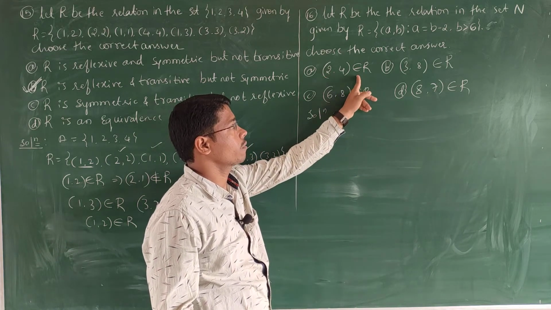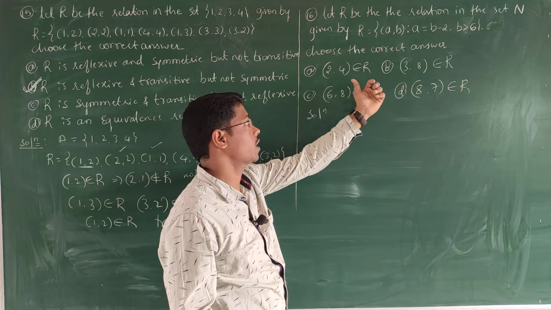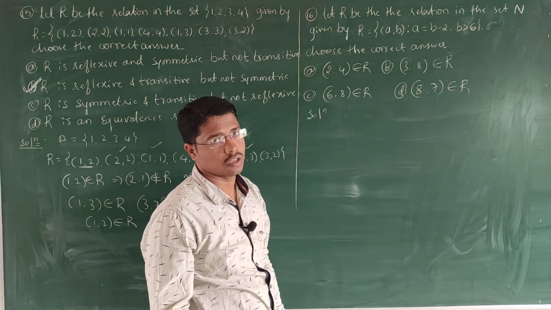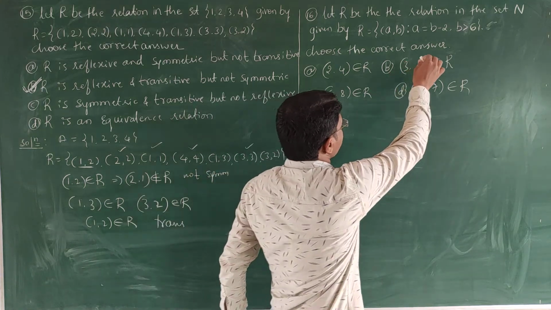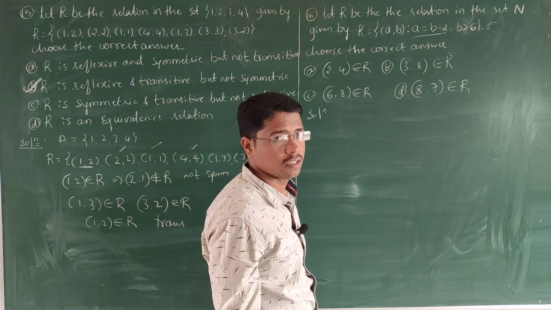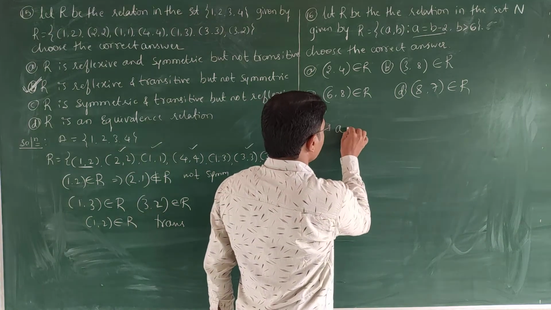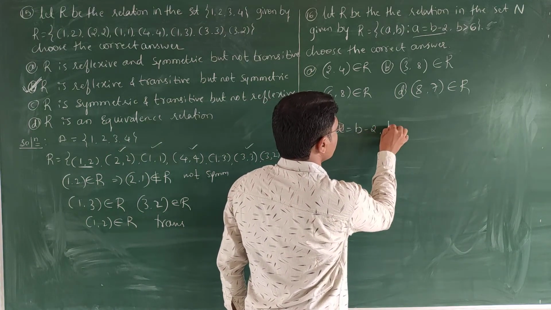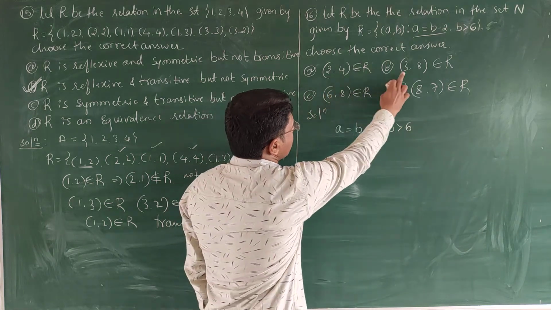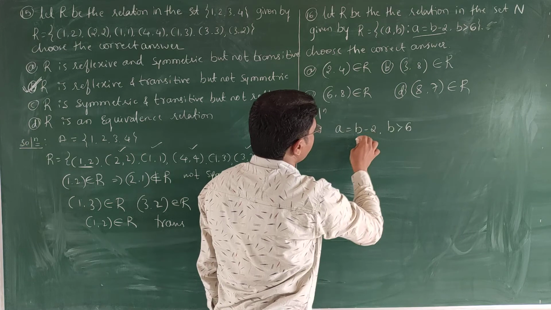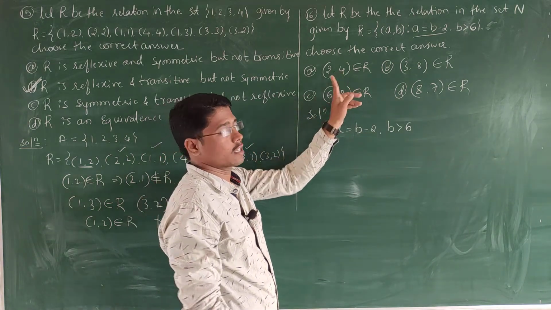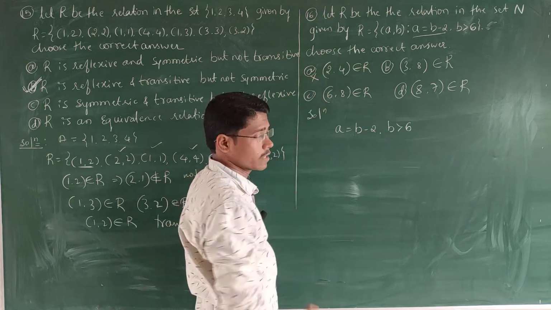Ordered pair (2, 4) belongs to R, (3, 8) belongs to R, (6, 8) belongs to R, (8, 7) belongs to R. So take the relation b is greater than 6. So they mention a is equal to b minus 2, b is greater than 6. See here b is 4, it is less than 6. So leave this, it is not possible.